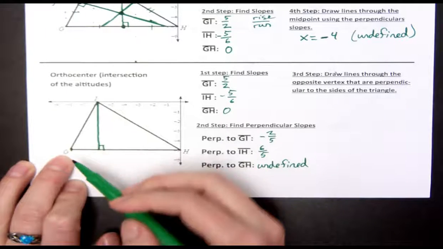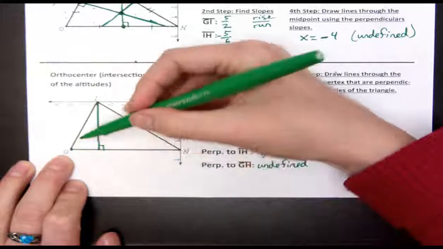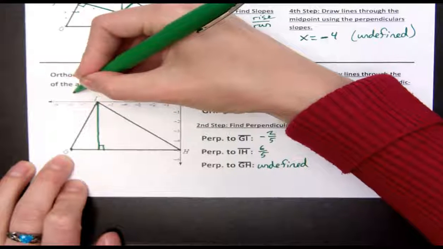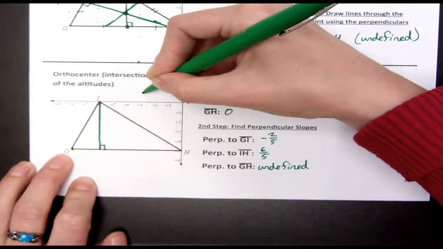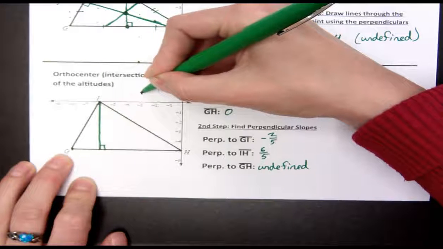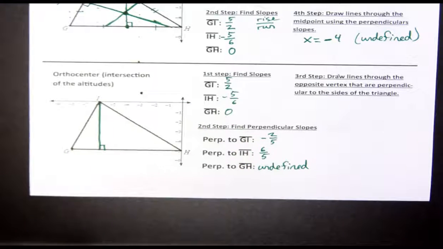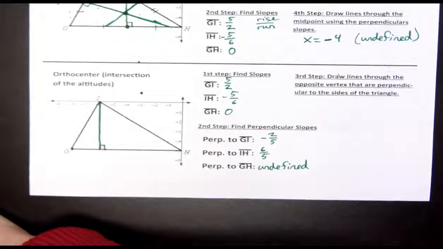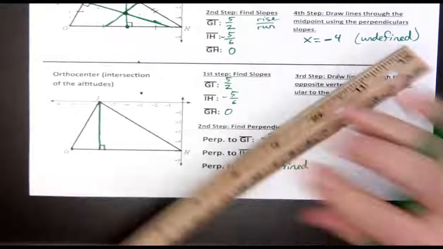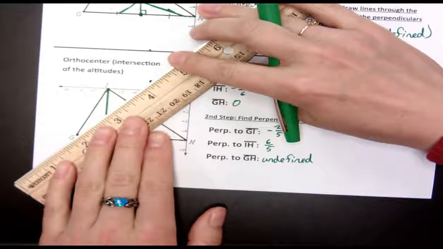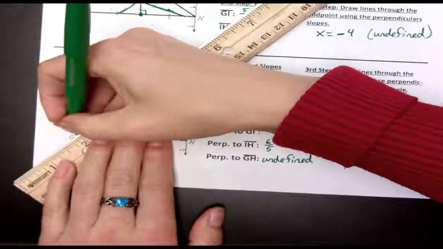So IH, I count up 6, which is going to put me just 1 above here, and then over 5, which would put me at my negative 3. And then I would use my ruler, because that's a long line, and draw my perpendicular line.